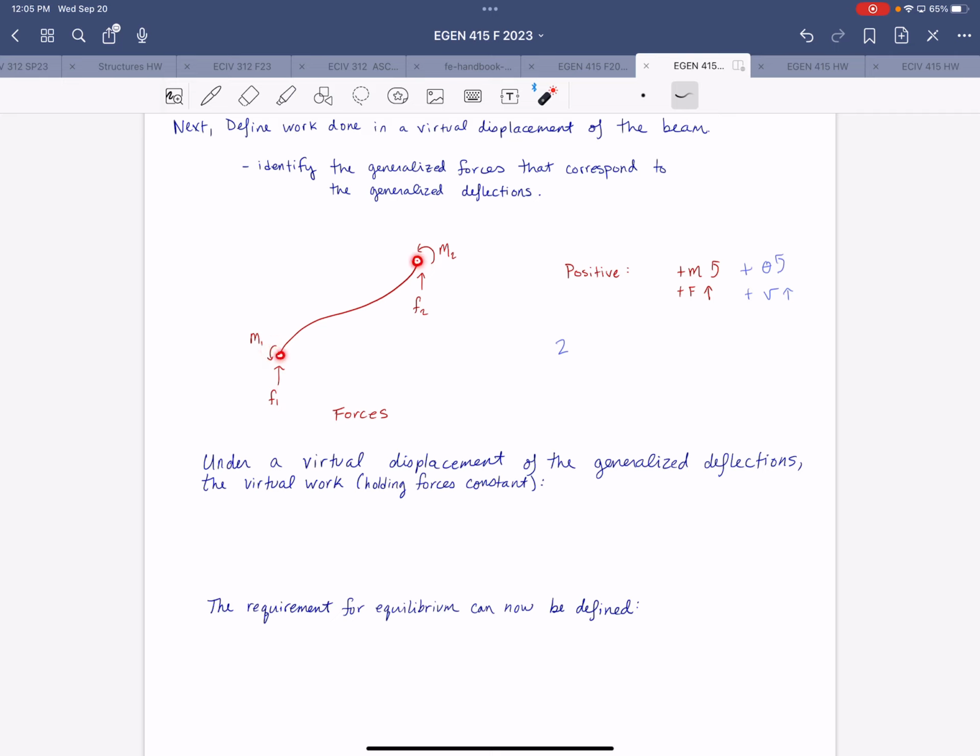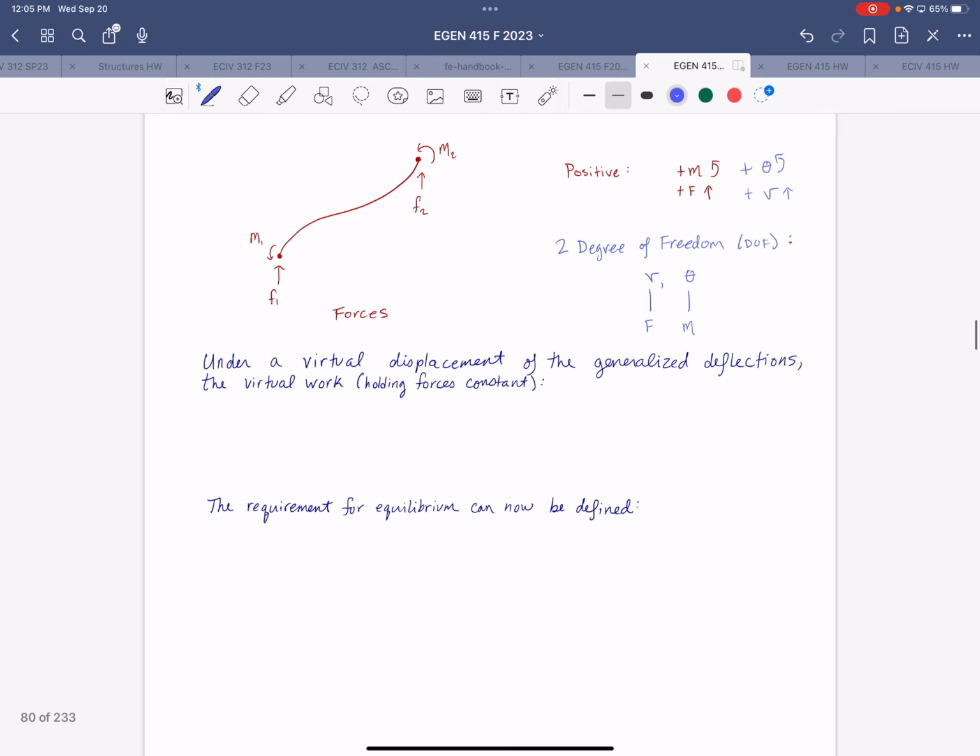So at each node, you have 2 different ways that the node can move, transverse deflection and rotation. So each displacement, or each way that the node can move, is associated with the corresponding force. Transverse displacement is associated with a transverse force, and rotation is associated with moment. We'll come back to that concept later on.